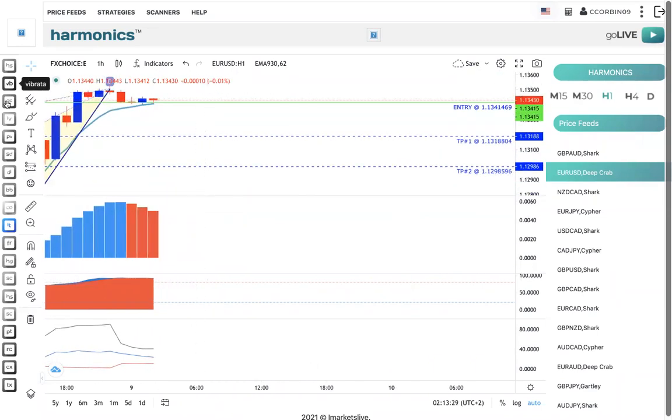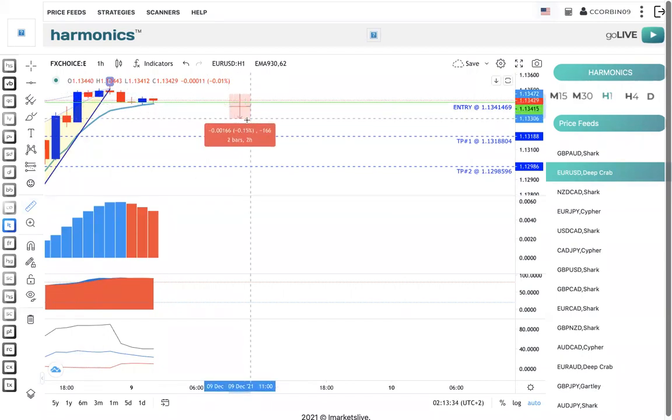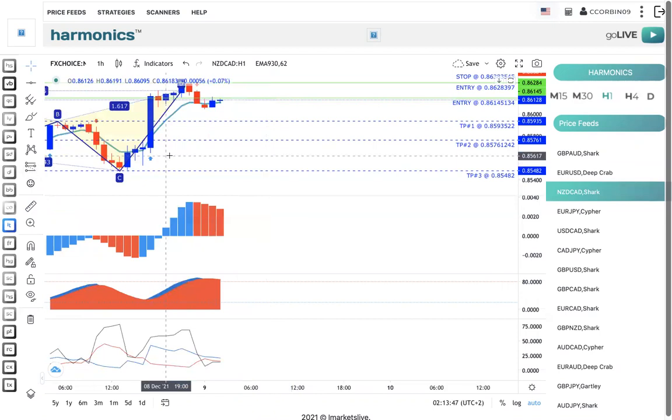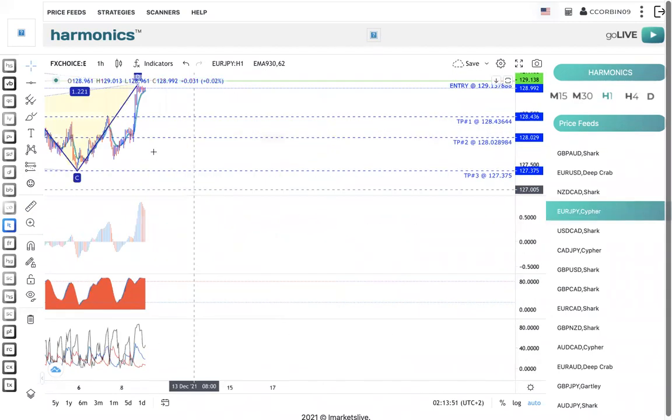Let me see if that's even worth it. That's only about 20 pips. I'm not going to do that. It's too consolidated for me. NZD CAD? Nope. Sketchy. Euro JPY.